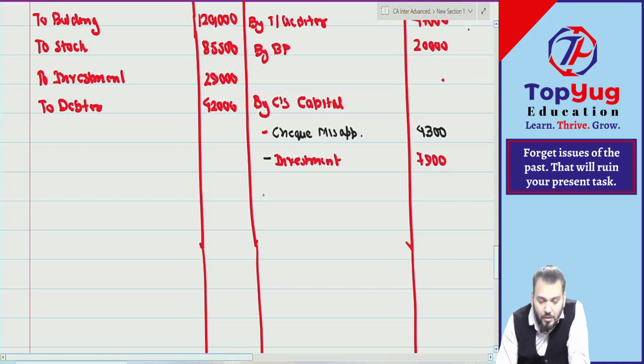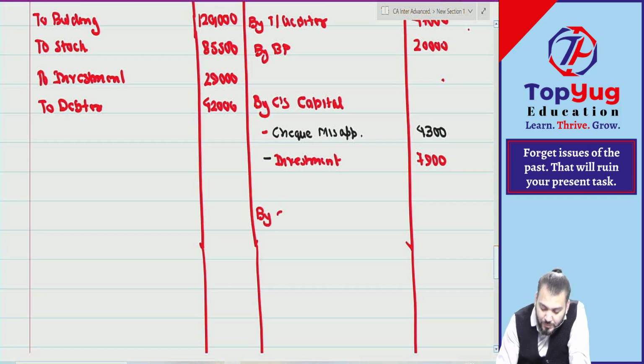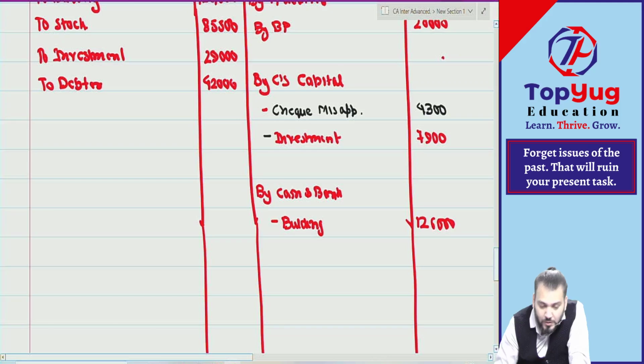Then, correct. Cash and bank, one by one we will take. But the building, how much? It is 1 lakh 26,000. Then we have stock. Stock how much? 78,000. Then debtor, how much?